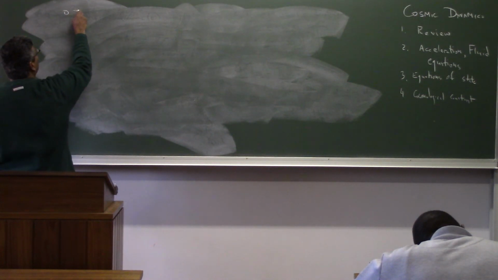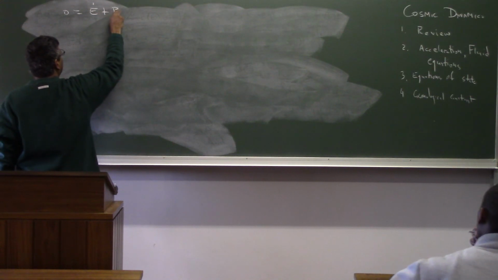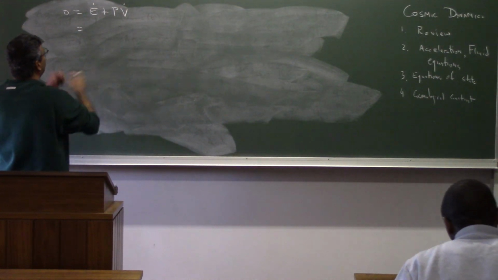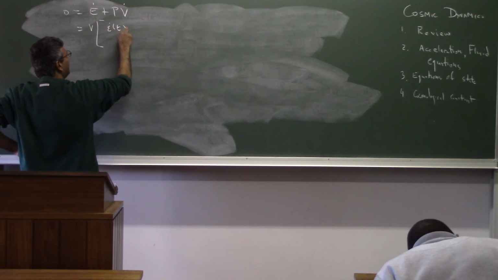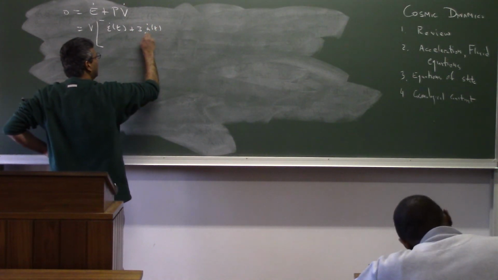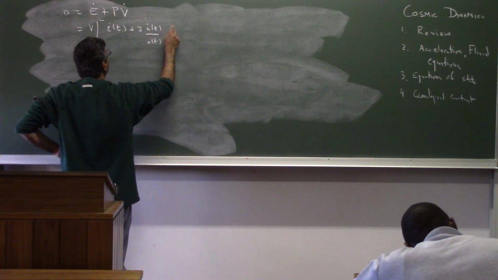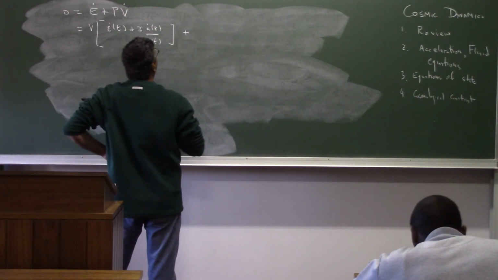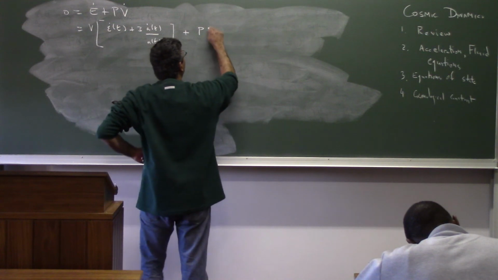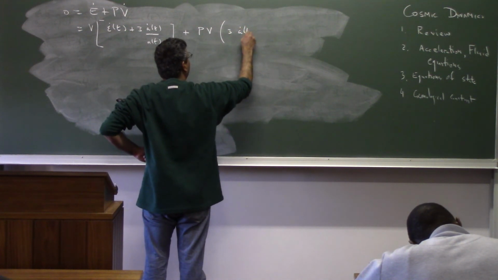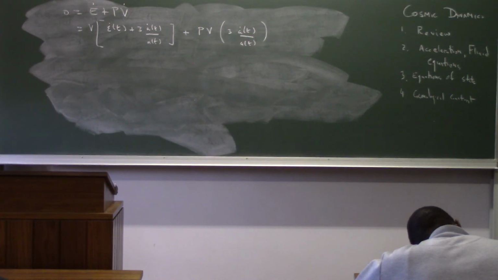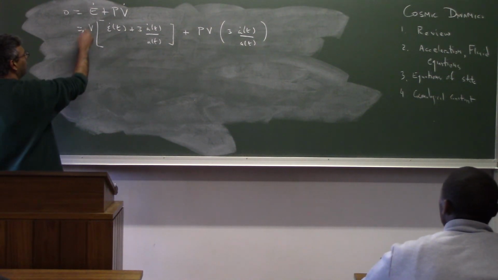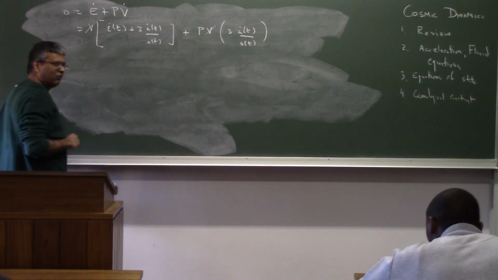So 0 is E dot plus P V dot. So this is going to be V times epsilon dot(t) plus 3 a dot(t) over a(t) epsilon, plus P V 3 a dot(t) over a(t). So there's a V here and a V there, so just cancel the V's.